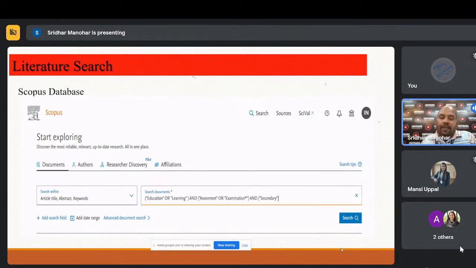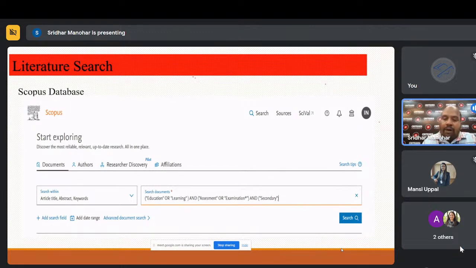Here is one example which I have given. If you see, in search documents, education or learning would be the broader domain, and within that broader domain, I'm specifically focusing on assessment or examination.